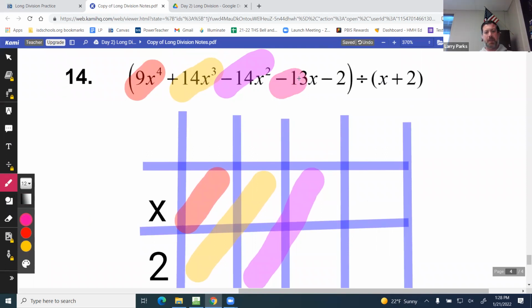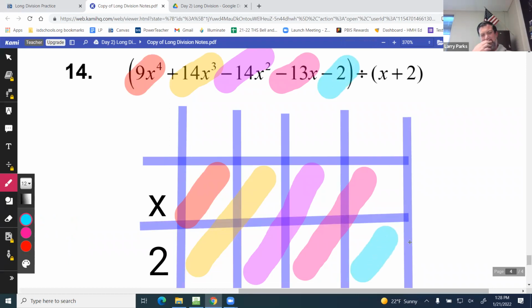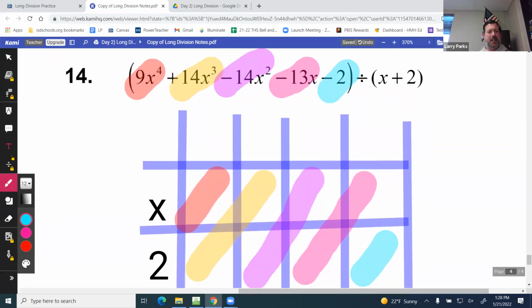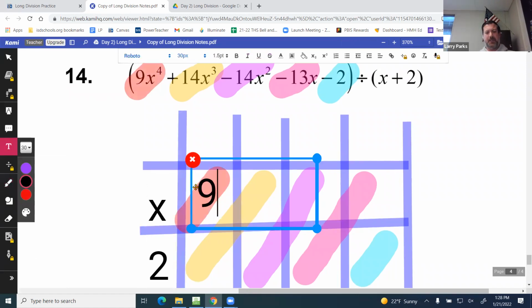Pink goes there. And blue, we'll go right there. Okay. Well, you might need to add more as a remainder. So we ask ourselves 9x to the 4. That's easy. Let's put that as 9x to the 4th.